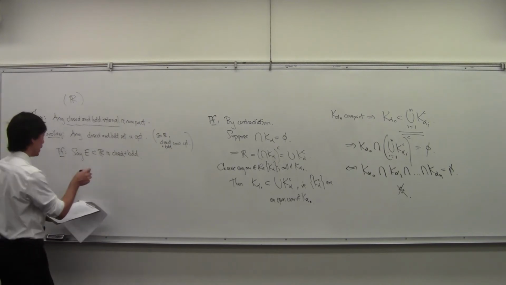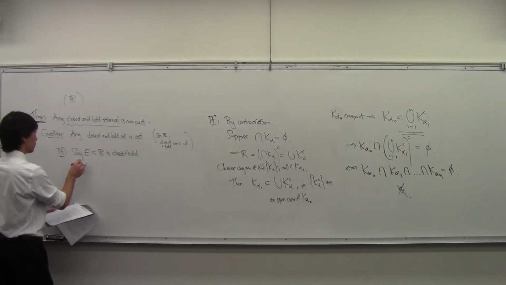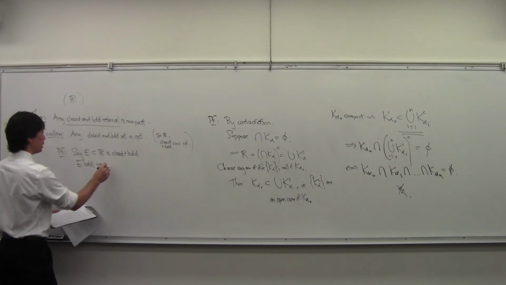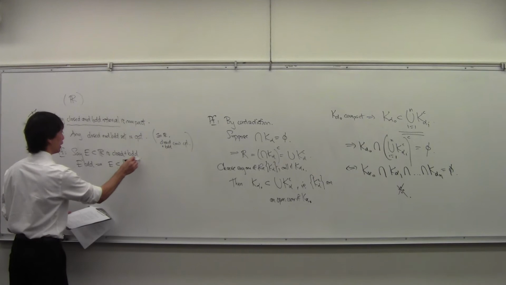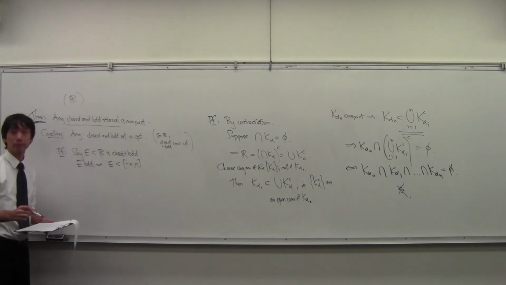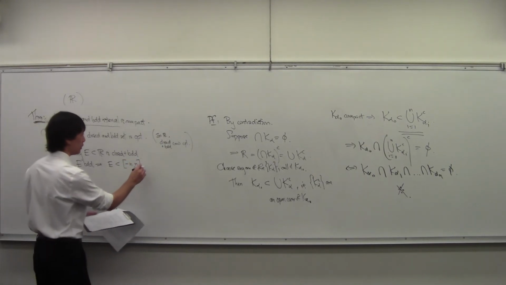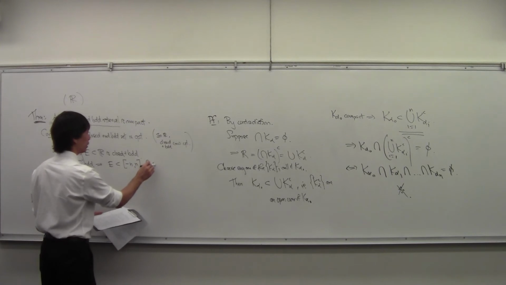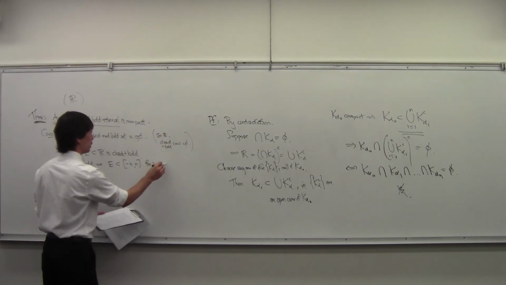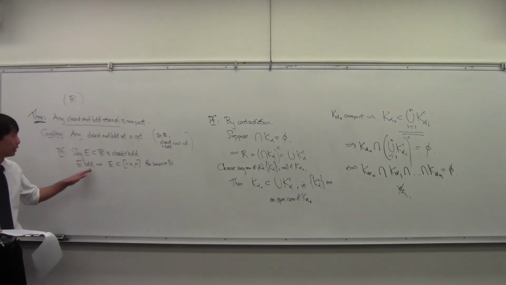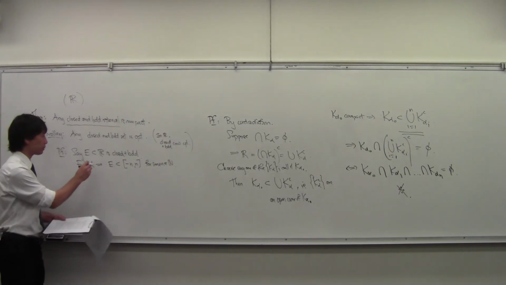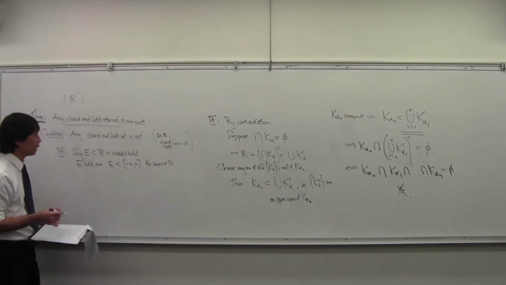Well, since it's bounded, it implies that E is contained in some interval [-n, n] for some n. Right? That's what bounded means.